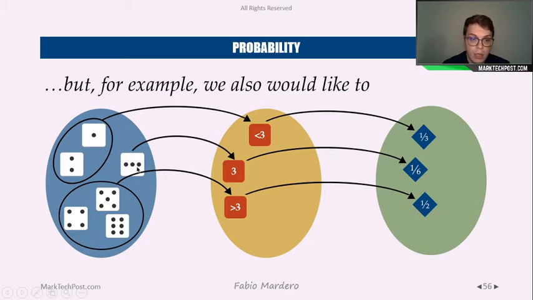Then we have the 3 condition, and then we have greater than 3, in which we assign the 4th, the 5th, and the 6th faces. And to these 3 elements of this orange space, we assign a probability: 1/3, 1/6, and 1/2.